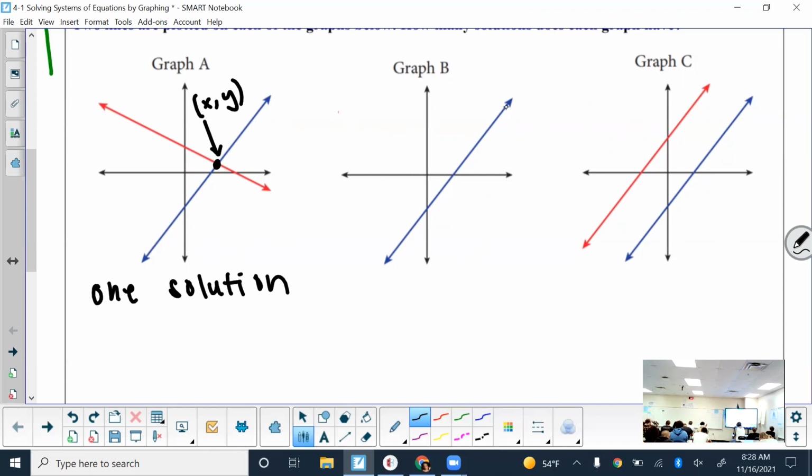Now graph B, there are two lines here. You can't see the other line, why? Because they're on top of each other. They happen to end up graphing in the exact same spot on the same line. So how many solutions would that have? Infinitely many solutions. Good.